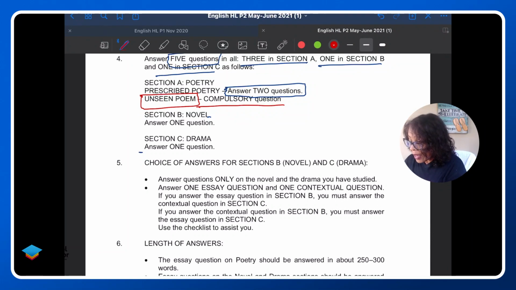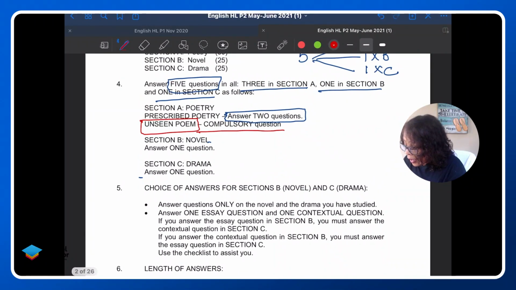But if I must just summarize it for you, section B, the novel, it says answer questions only on the novel and the drama you have studied. So do not attempt questions on the novel and the drama that you haven't studied. That is very important because sometimes students start answering questions on the novel or drama that they haven't studied, right?